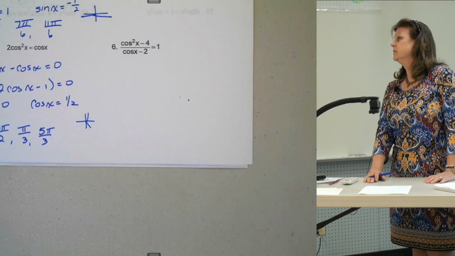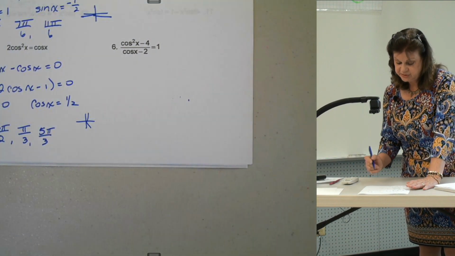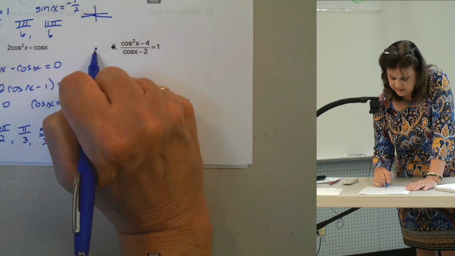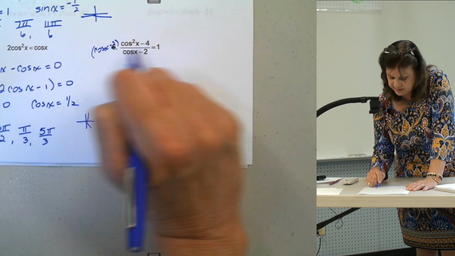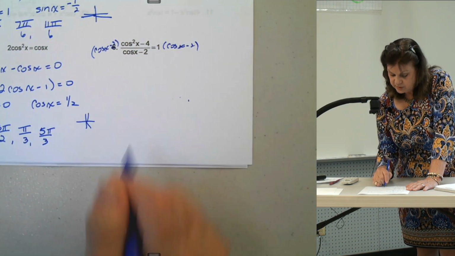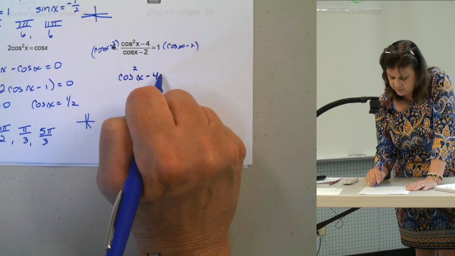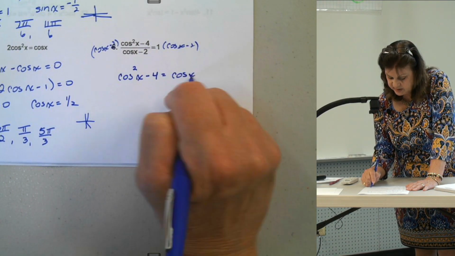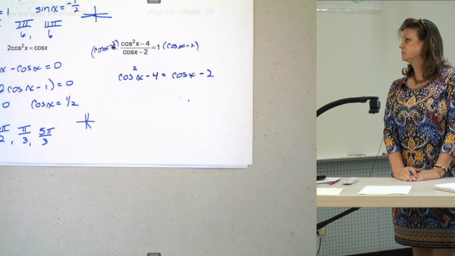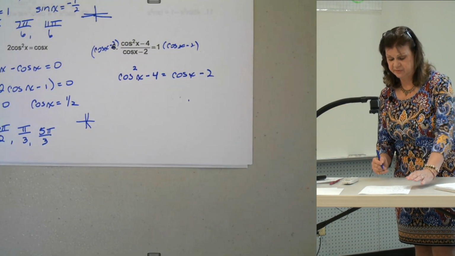Cosine squared x minus 4 over cosine x minus 2 is 1. So what I'm going to do, I'm going to multiply both sides by this denominator to get rid of it. So I've got cosine squared x minus 4 is cosine x minus 2. Now I want to get all my like terms together.